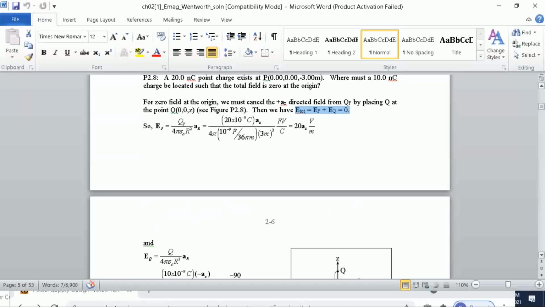Read the question again. You wouldn't have to worry about the vectors. Just find EP and EQ, and find the resultant. Exactly.